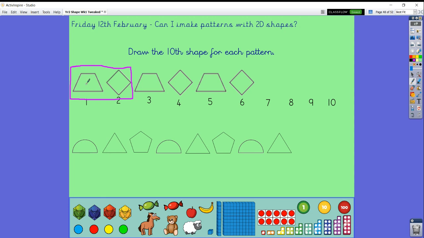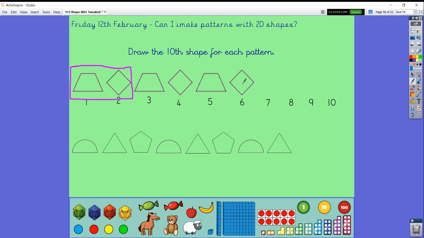Now, this one's a tricky shape. Can you remember it? It is on our vocabulary list. It's our trapezium. So it goes trapezium, square, trapezium, square. So which one are we going to be drawing for our number 10th shape? Let's work it out. Let's keep saying it.